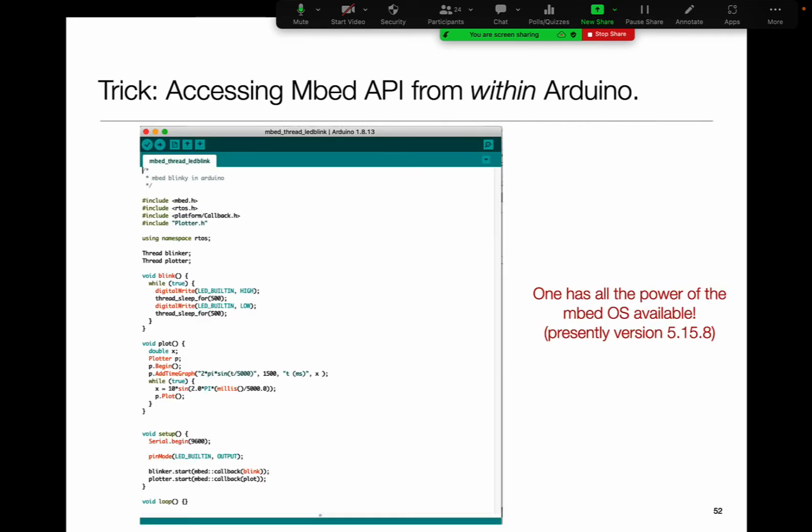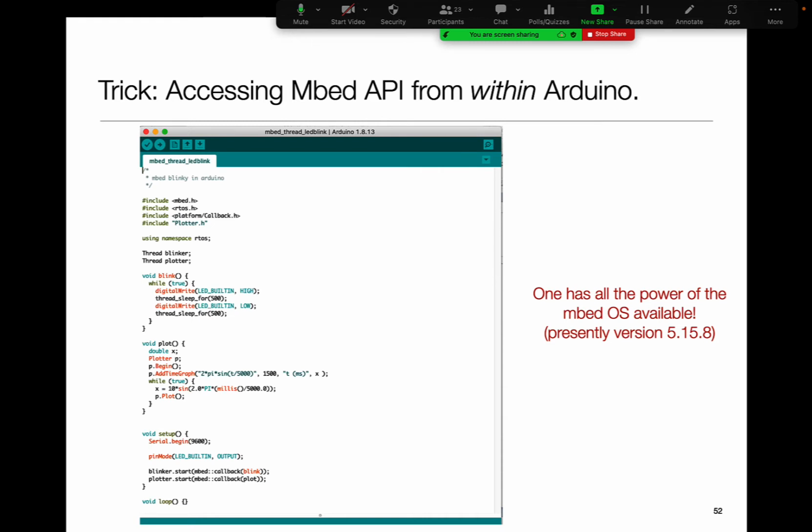But as I mentioned at the very end of last lecture, one can access the Embed OS which is running under the hood, on top of which Arduino is running, at a C++ API level. It's a little bit kludgy, and you still have to run it through Arduino.